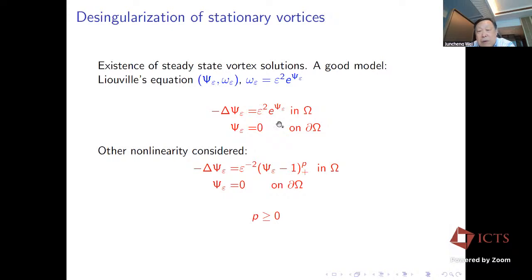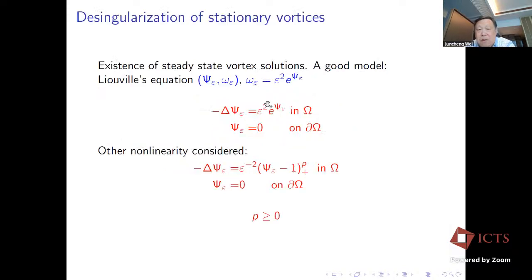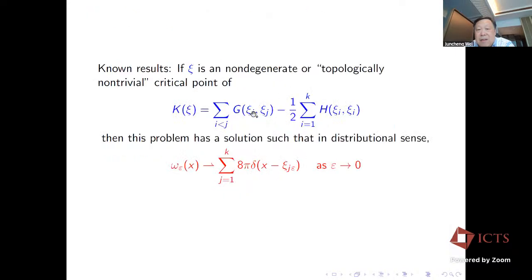So we can use both of these kinds of nonlinear terms, and we know the results from the elliptic theory. We know that if you have non-degenerate or topologically non-trivial critical points, then we can have a steady state for this problem, which concentrates on these points.